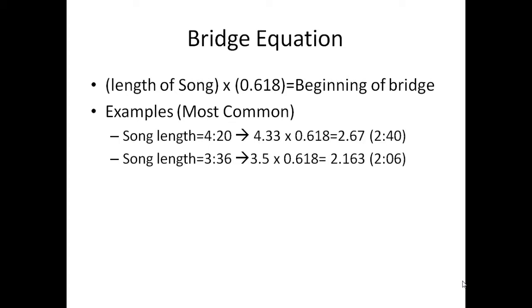So in the most common song lengths, which on average are 4 minutes and 20 seconds and 3 minutes and 36 seconds, if we use 4 minutes and 20 seconds, we have to recalculate that into a digit.